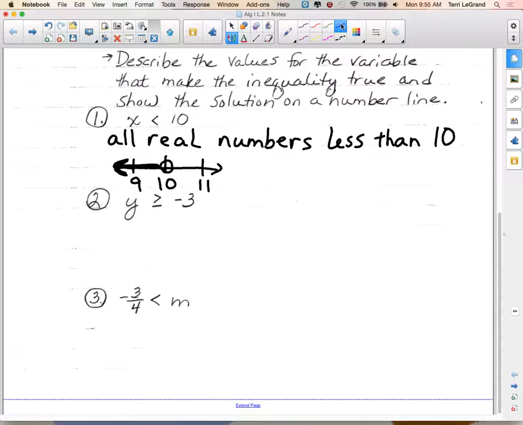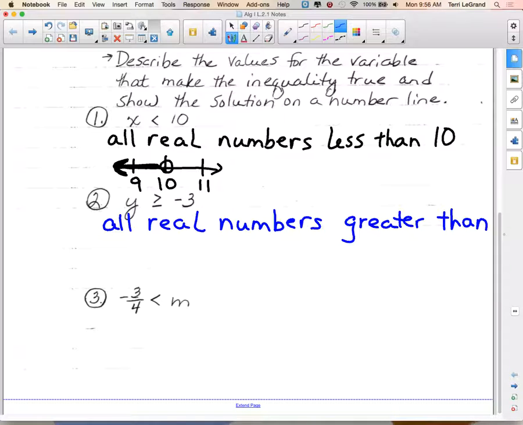Okay, what does this one say? The solution set is all real numbers. So y is what we're saying. Y can be all real numbers greater than or equal to.